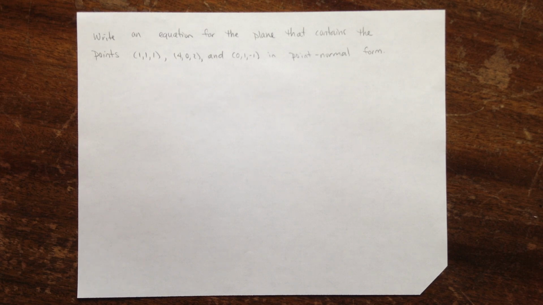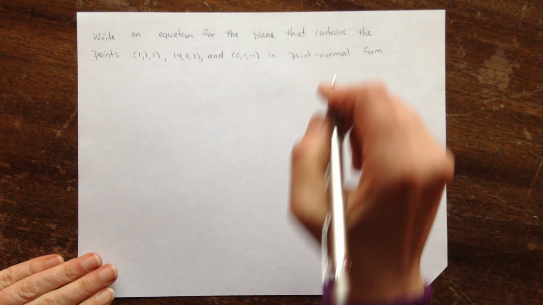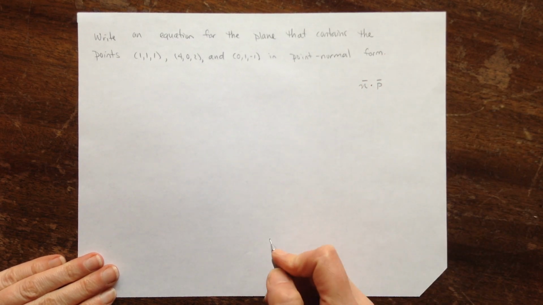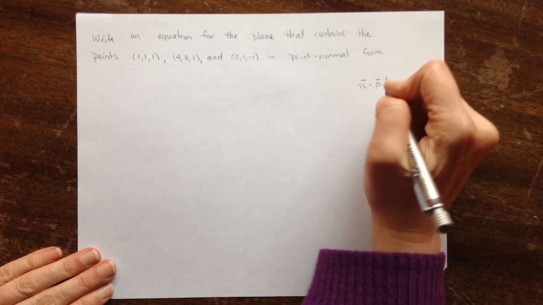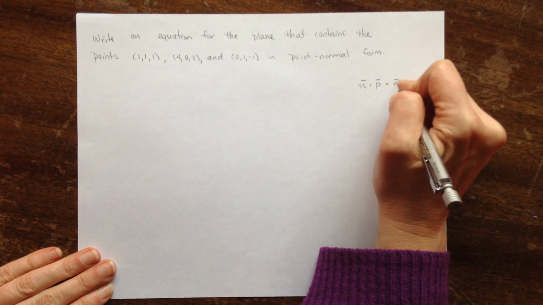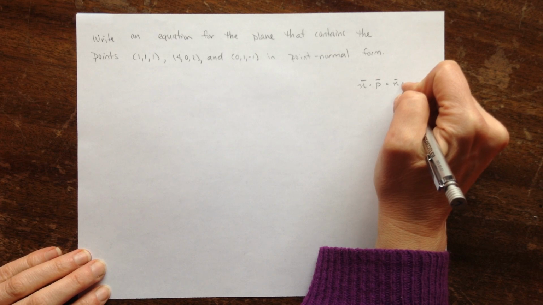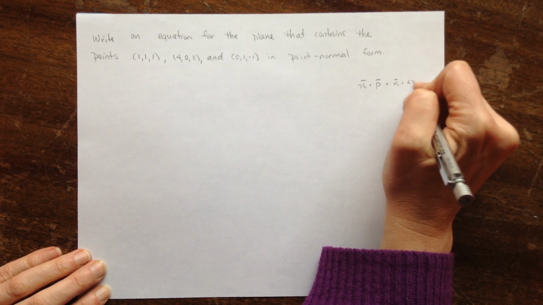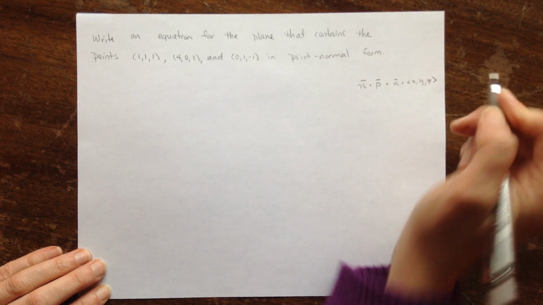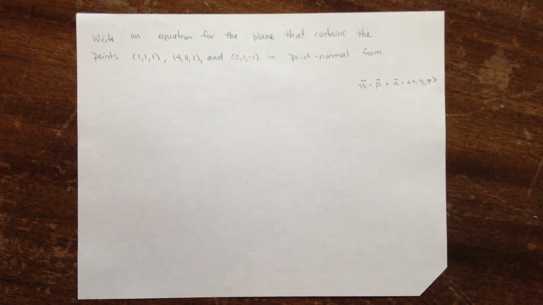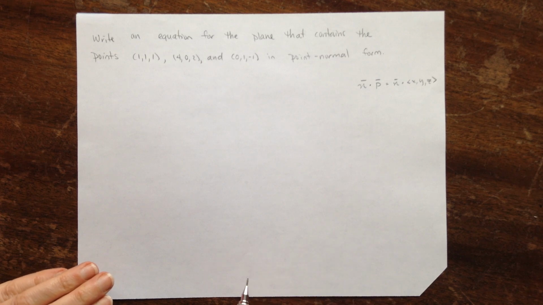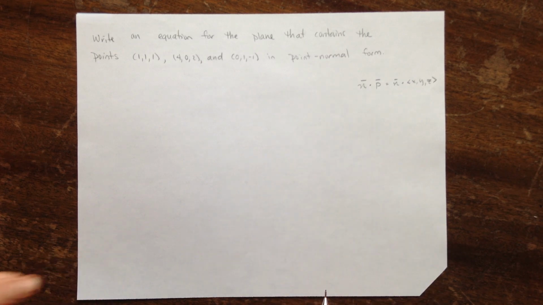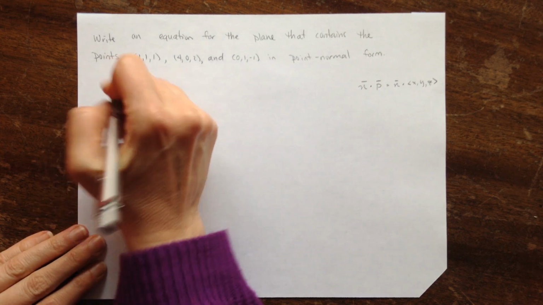So if you remember the point normal form, if you have a normal vector, and you dot that with a vector that you make from a point, that's going to be equal to the normal vector dotted with, let's say, x, y, z. So we want to use this point normal form of the plane. In order to do that, I need to find a normal vector.